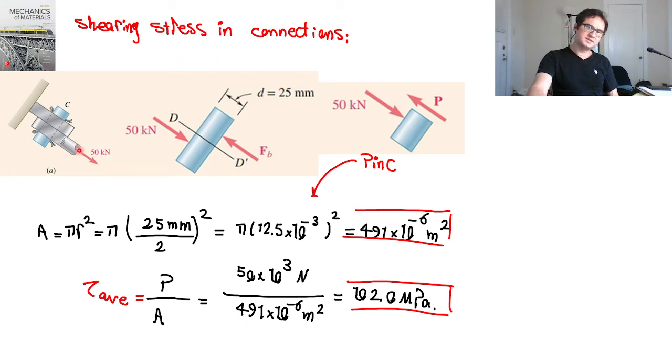There is a tensile force pulling the pin at C, which is in single shear. If you cut the beam with a cross section DD prime, it gives you the visual representation of what happens there. The area of pin C is pi r squared, and the average shear in pin C is the tensile force of 50 kN over the cross-sectional area, and that's 102 megapascal.